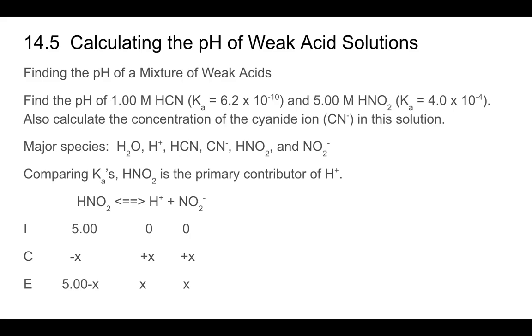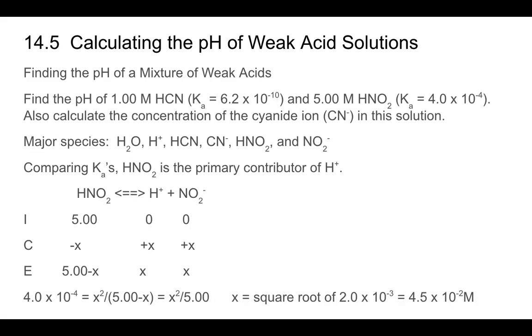So setting up an ice table for HNO2 using 5.0 as the initial molarity of HNO2 and then doing the old 0, 0, minus X, plus X, plus X, 5 minus X, X and X, and then solving for X using the Ka value of 4 times 10 to the minus 4.